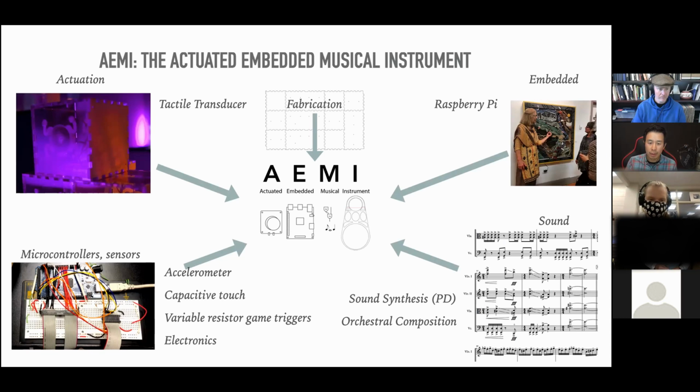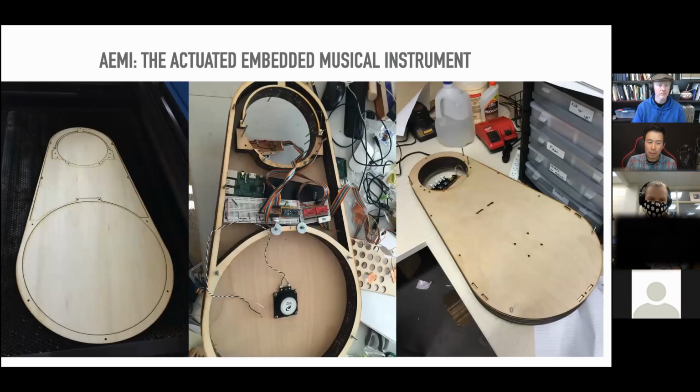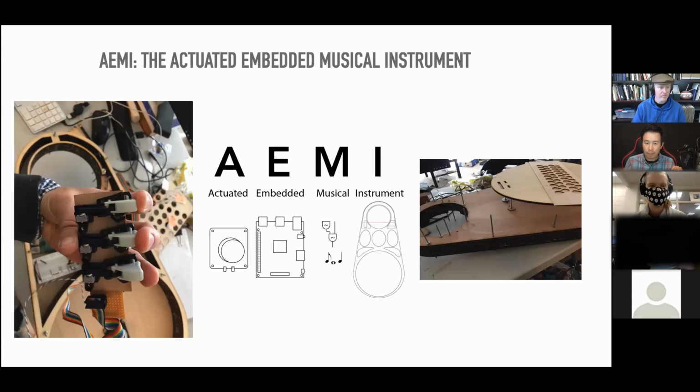It involved fabrication using laser cutters and putting everything in the center of this instrument. I'm using transducers so that the wood of the instrument itself was what affected the tone, and I'm using some game controllers at the top, and I'm borrowing from musical performance gestures, kind of like someone might play a euphonium, and also a keyboard style array to select pitch.